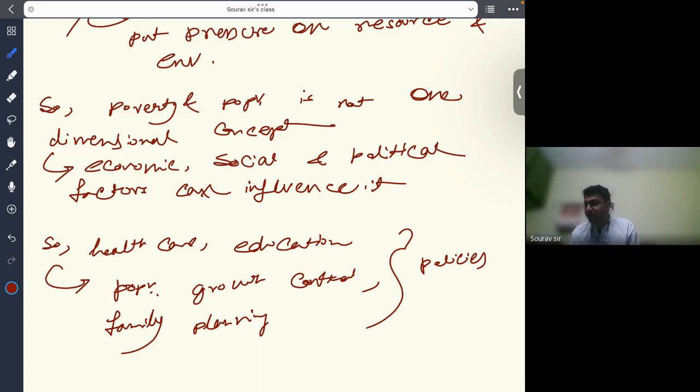So overall, it is difficult to determine whether poverty or population growth is the primary cause of the other in India. Both are complex issues that require a comprehensive approach in order to address them effectively. So this is the entire solution of part A of this question.